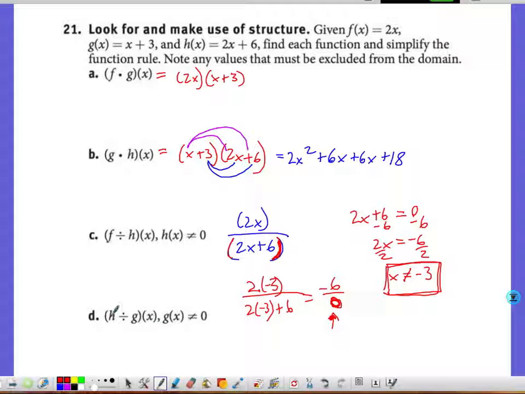Same thing with this one, h divided by g of x. H is 2x plus 6 divided by g of x, which is x plus 3. Again, you have to figure out what value x cannot equal, because you want to prevent dividing by 0.